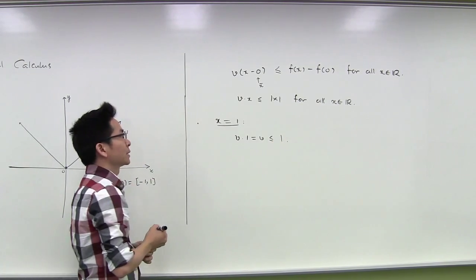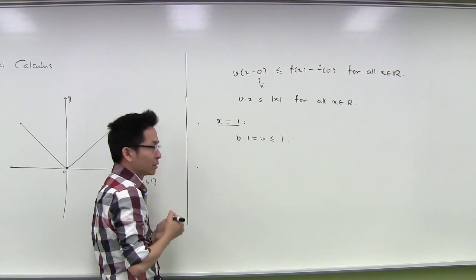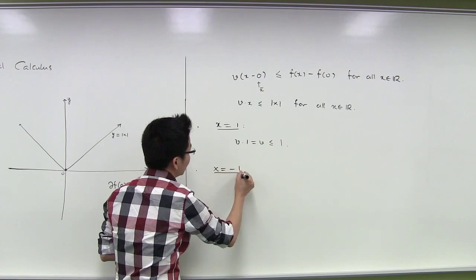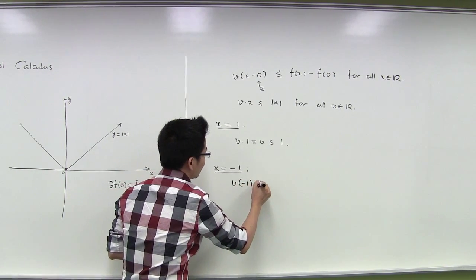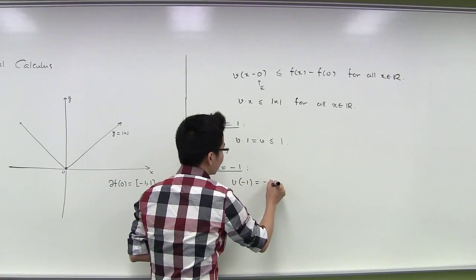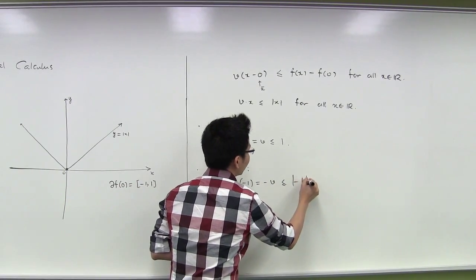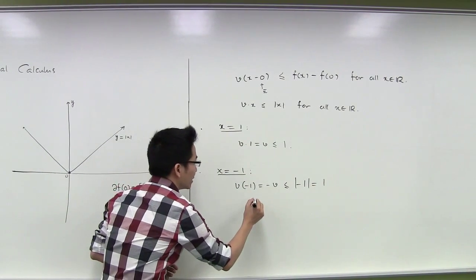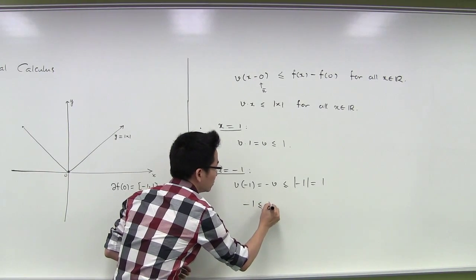This inequality also holds for x equals minus 1, so v times minus 1, which is minus v, is less than or equal to the absolute value of minus 1, which is 1. So then we have that minus 1 is less than or equal to v.